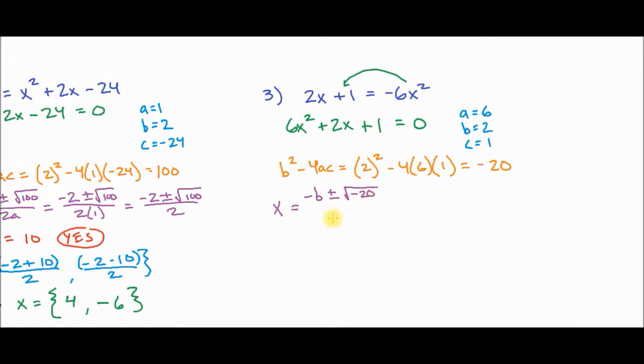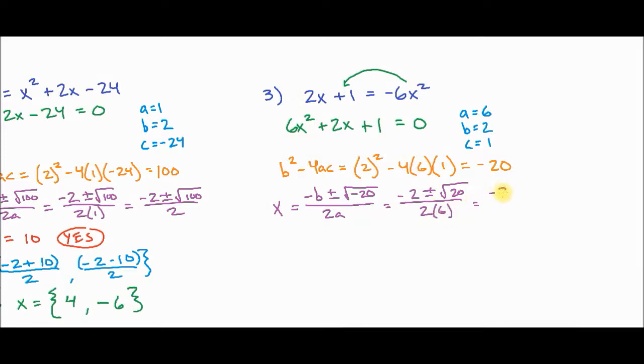And you are correct, but we can still complete this problem. And let's do that. This is going to be over 2a. Negative b, b is 2, so opposite of 2 is negative 2, plus or minus the square root of 20, over 2 times a, which is 6.